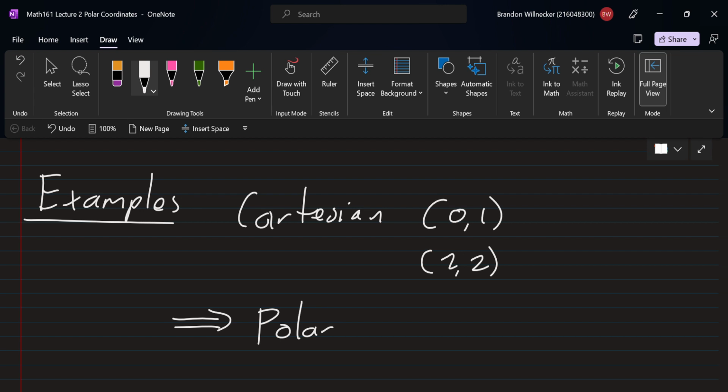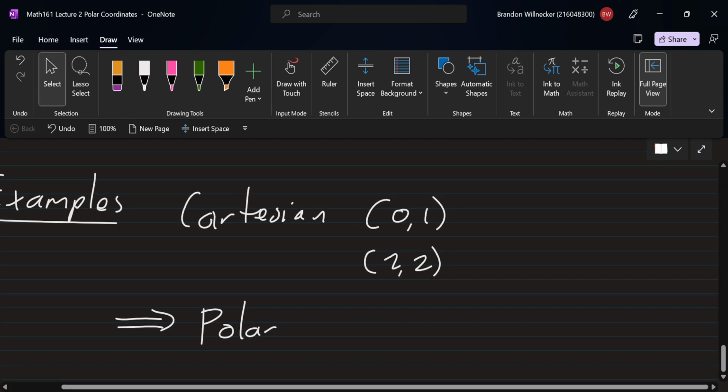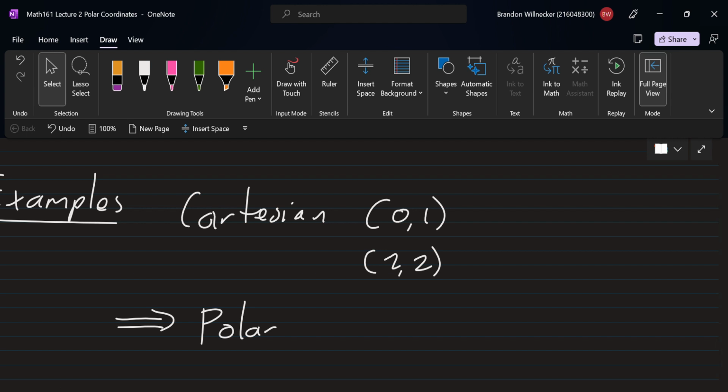That means x is 0, y is 1. So you can either use the formulae, or you can draw a picture. So let's try draw a picture for this one. So x is 0, y is 1. That means the point is over there. Okay. Now, given this information, we want to find the radius, and we want to find the angle.